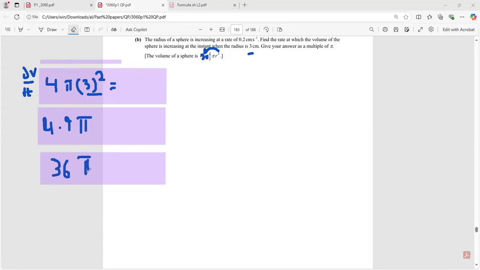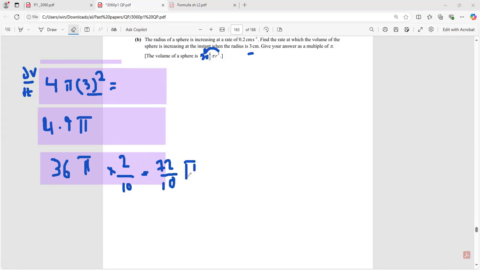Then I'm going to multiply it by the rate, which is 0.2, which is 2 over 10, which equals 2 multiplied by 36, which is 72 over 10 pi.